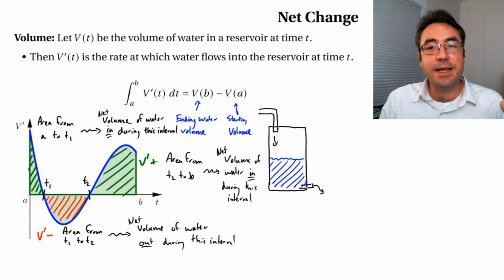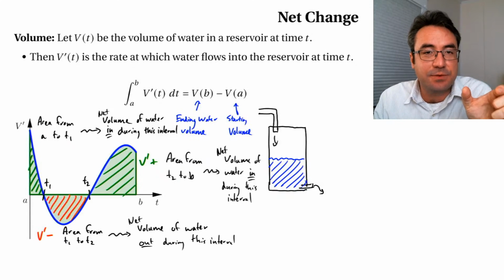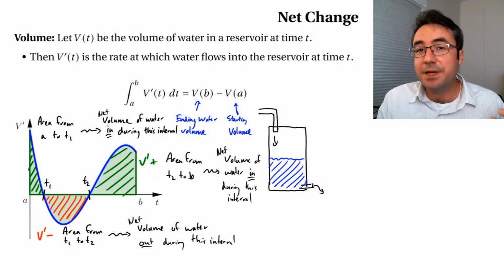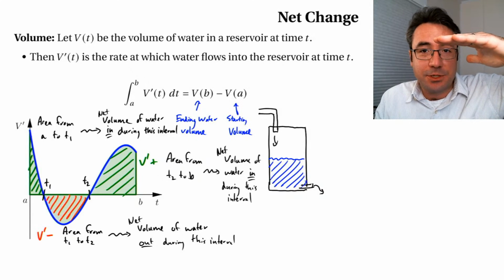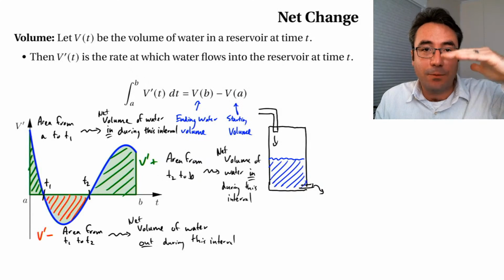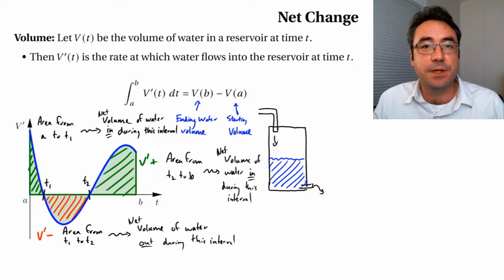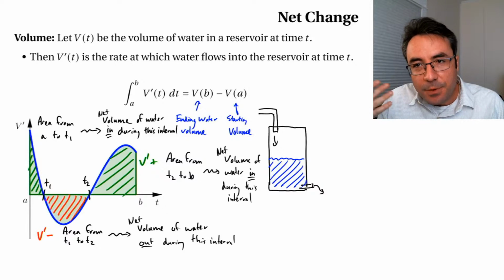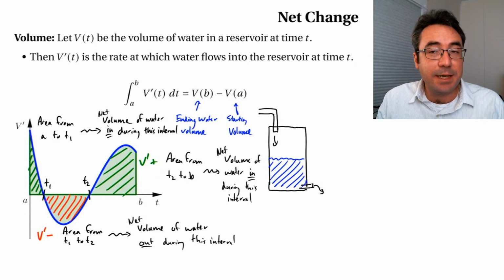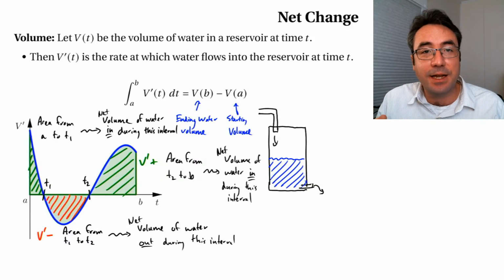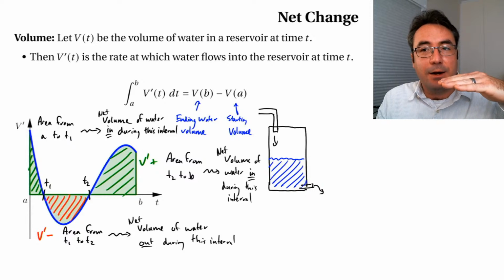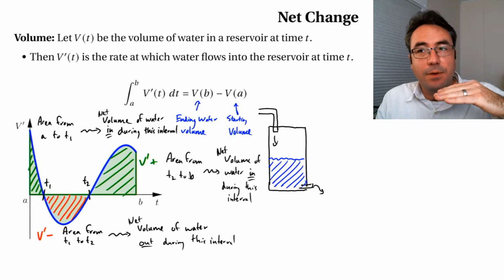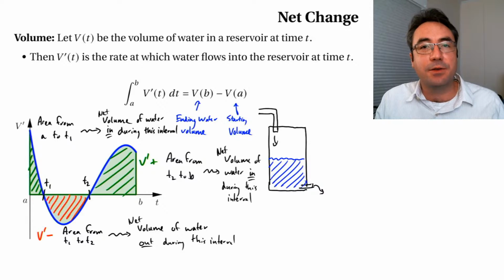When V prime is negative in that section from T1 to T2, if we could calculate the area of that shaded region, really what we're looking at is how much does our water level go down? What is the volume of water that we lose in our system? And if we could integrate from T2 to B, if we could find the area for that shaded region, well, really what we're calculating then is how much does our water level go up? What is the change in that volume?